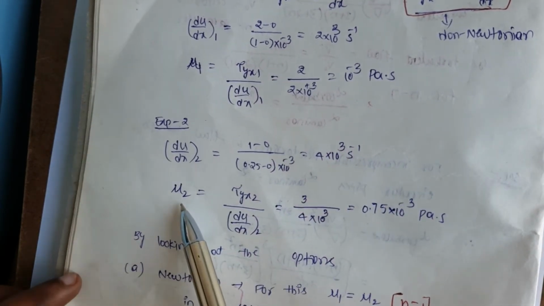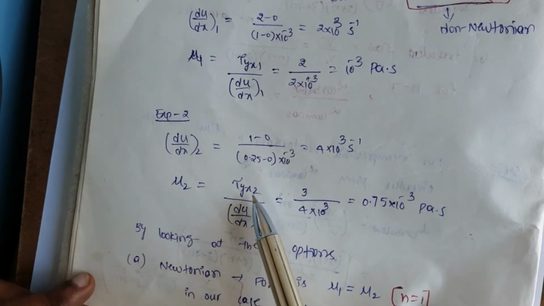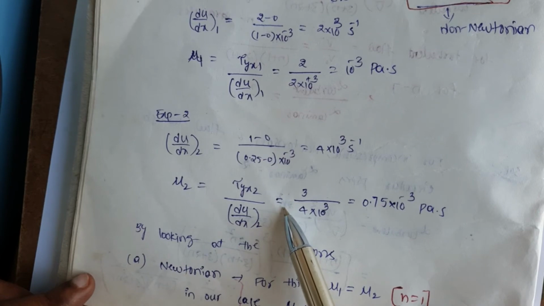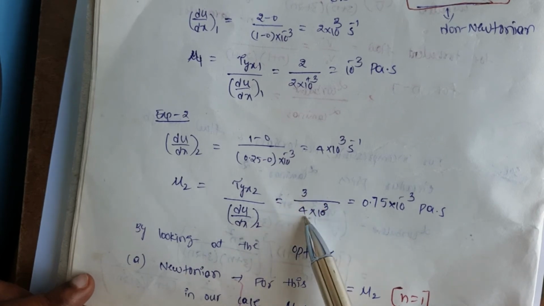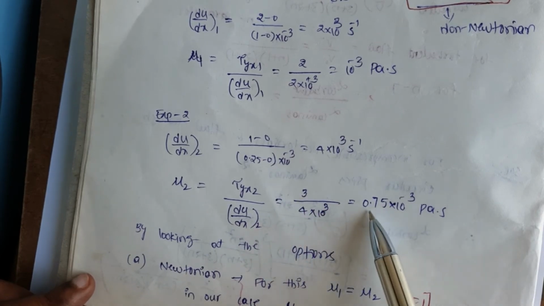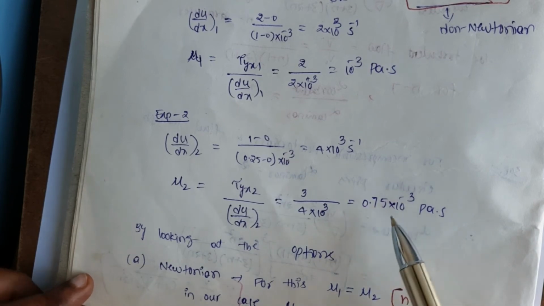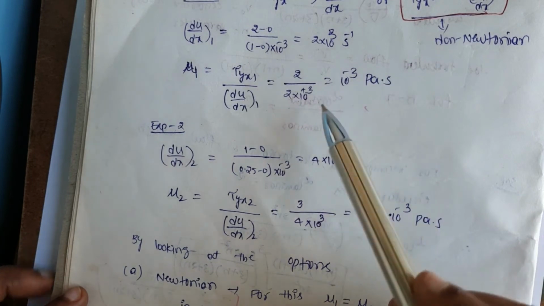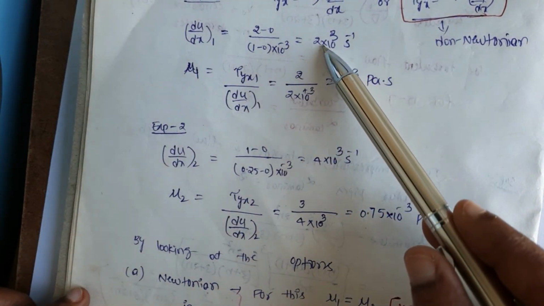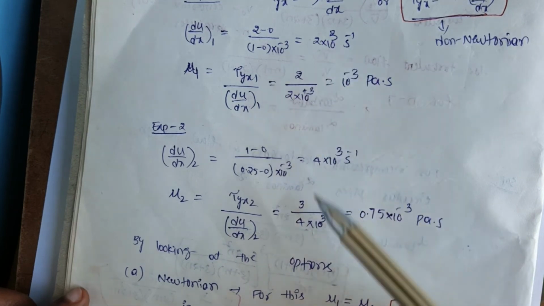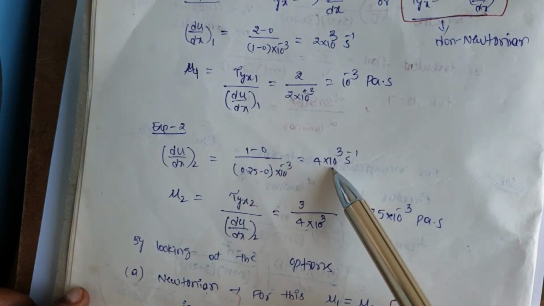From this, viscosity 2 equals tau yx2 divided by du by dx 2, that equals 3 by 4 into 10 cubed, which is 0.75 into 10 to the power of minus 3 Pascal second. So if you observe these values, the experiment 1 shear rate is 2 into 10 to the power of 3, and here the shear rate is 4 into 10 to the power of 3.